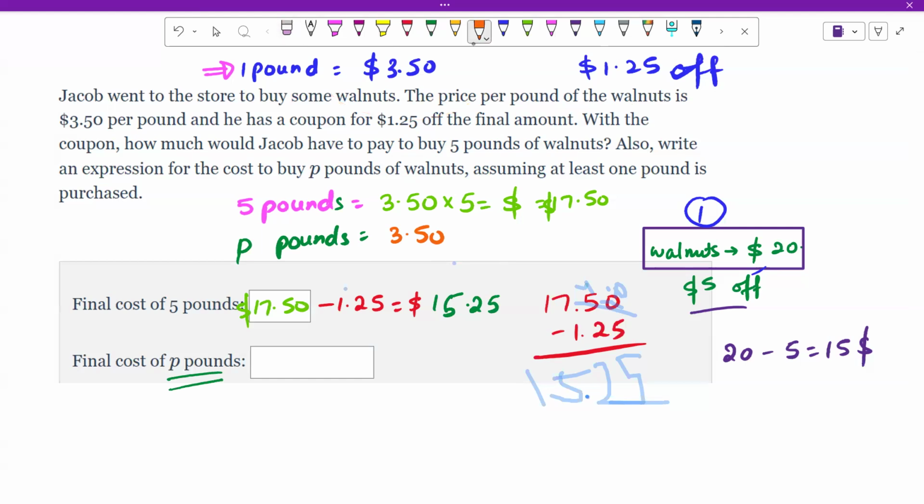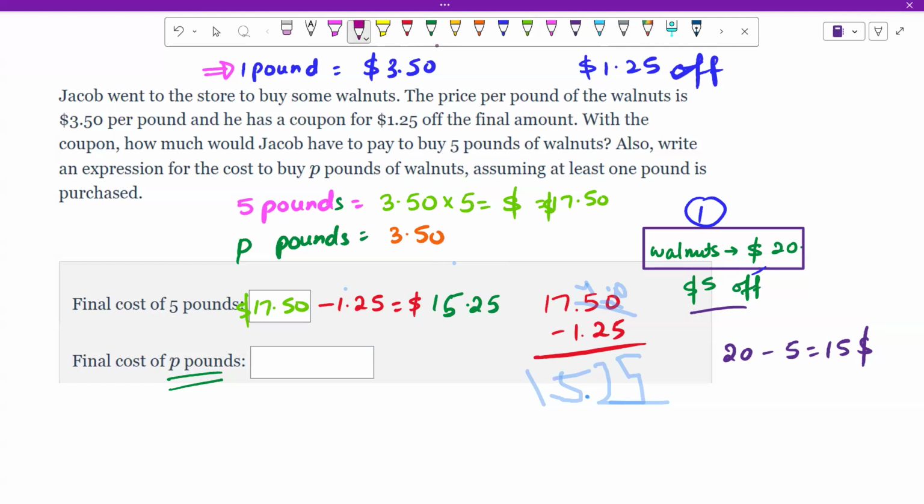Not zero, because p is just a variable. So let's say if it was 100 pounds. For 5 pounds, we got the answer like this. For 100 pounds, what do we have to do? 100 times 3.50, which is 350.